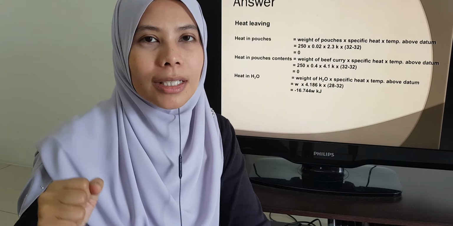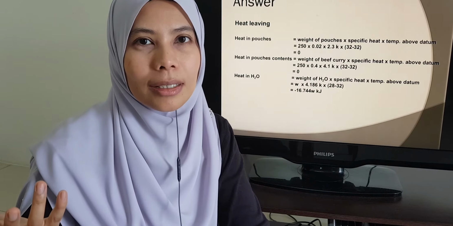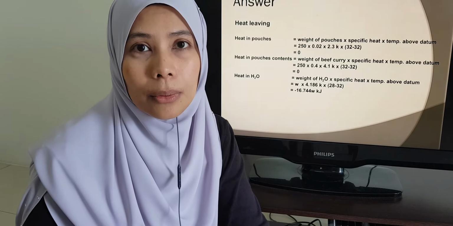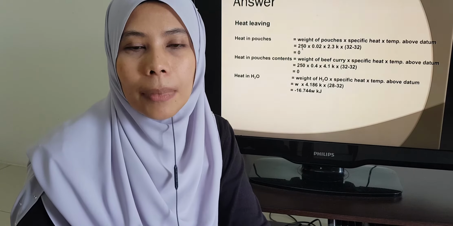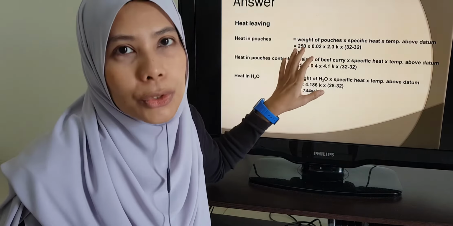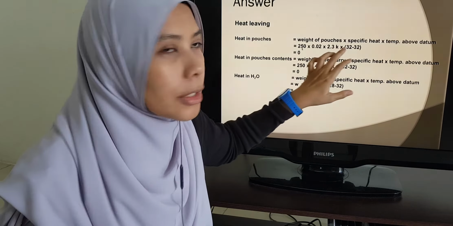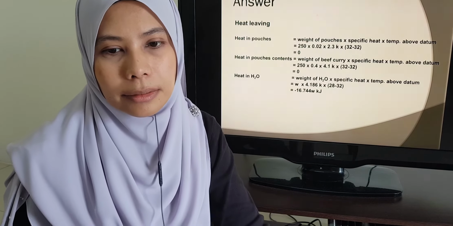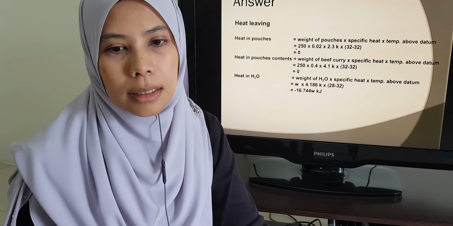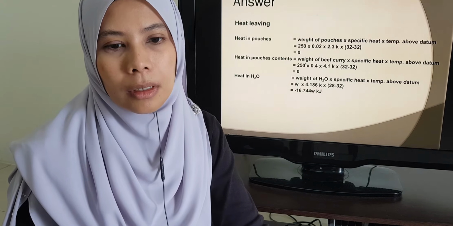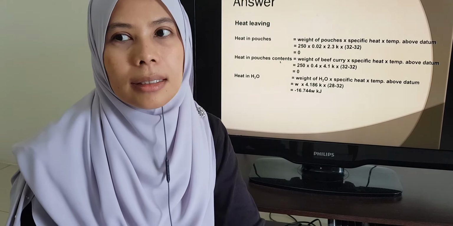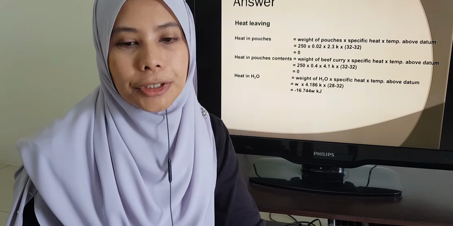And the datum temperature, the reference temperature, is 32 degrees Celsius. So 32 minus 32 is equivalent to 0. But in your calculation, you need to show this value. So this one is 0. Another one is the beef curry, the content in the pouch.